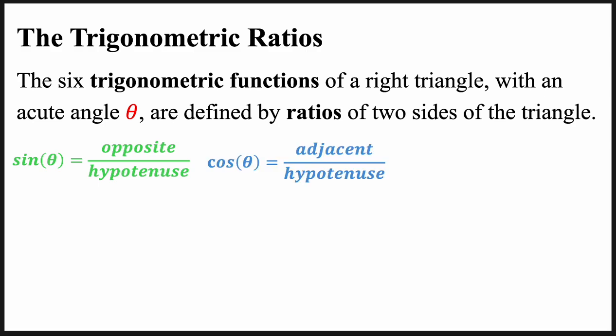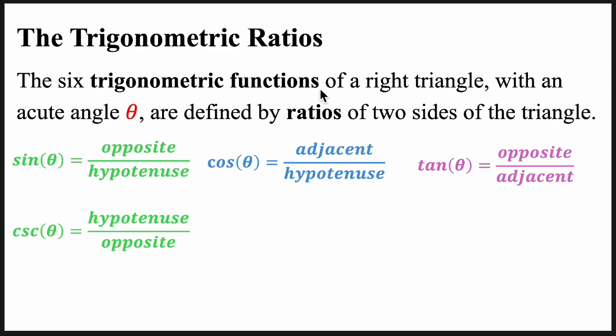Cosine of theta is equal to the adjacent side divided by the hypotenuse side. And then we have a third one, which is the tangent of theta, and that is the side opposite divided by the side adjacent. The reciprocals of those are the other three.